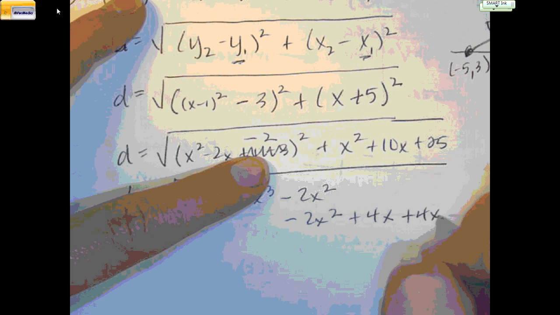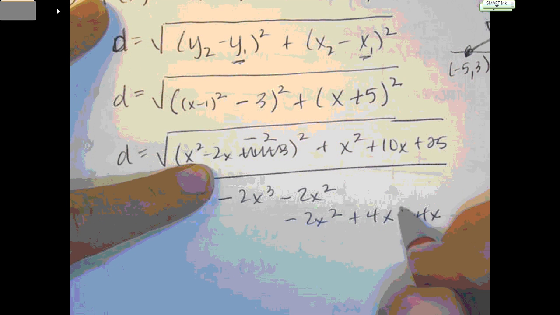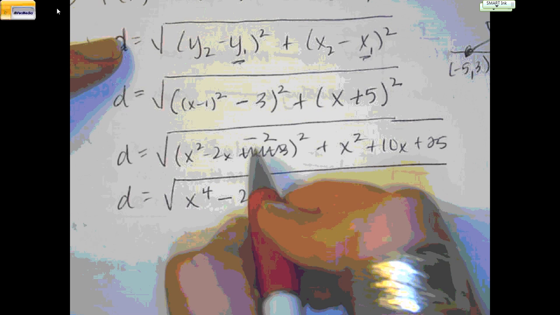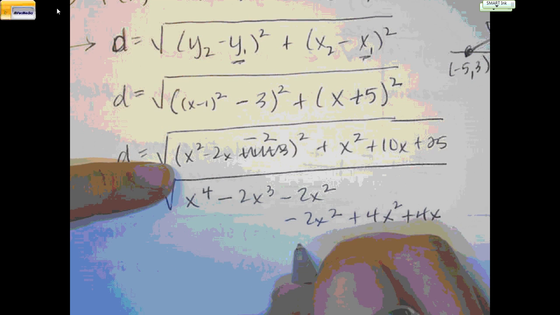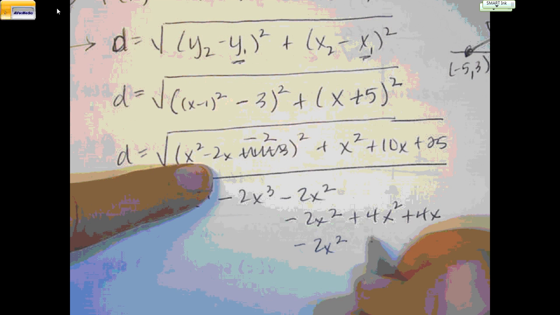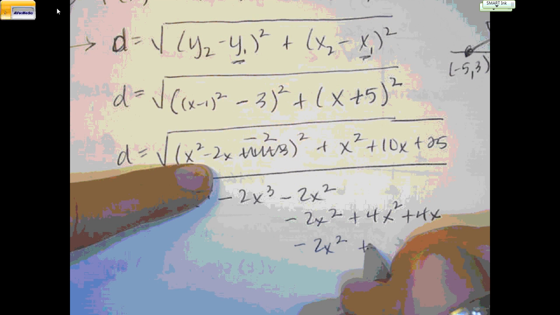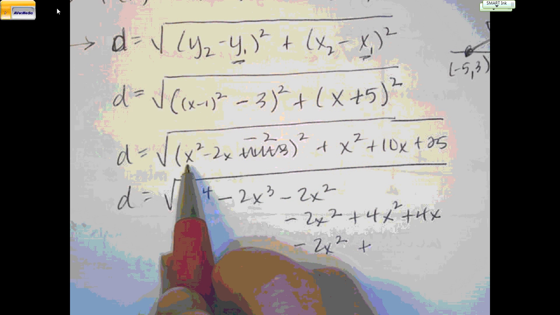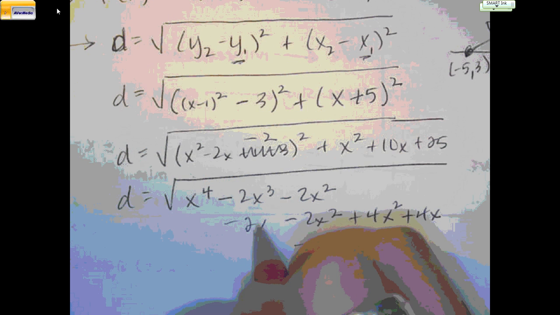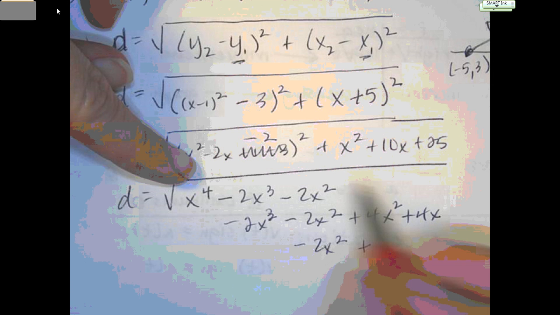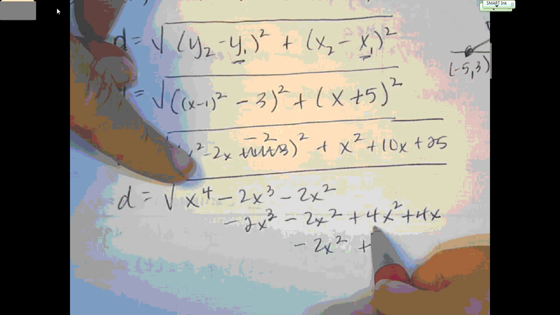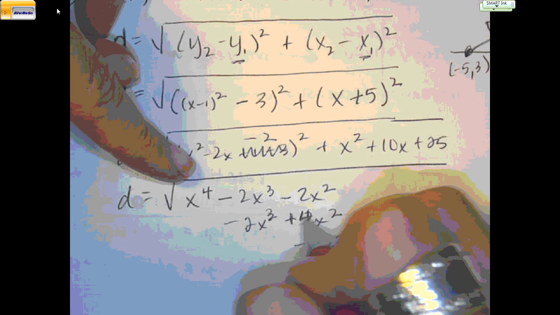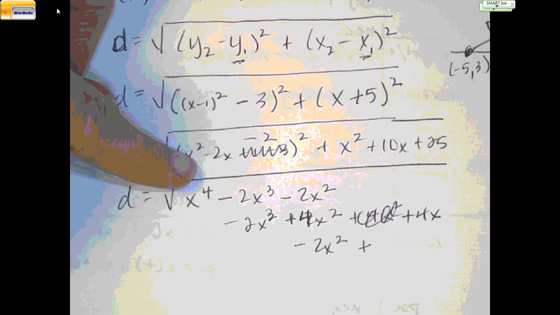Whoops. Wait, I did something wrong, didn't I? If I take negative 2x times that, I get negative 2x cubed. Negative 2x times that is positive 4x squared, which is what I wrote over here. Goodness gracious, I really messed it up. That's positive 4x. Okay, there we go.